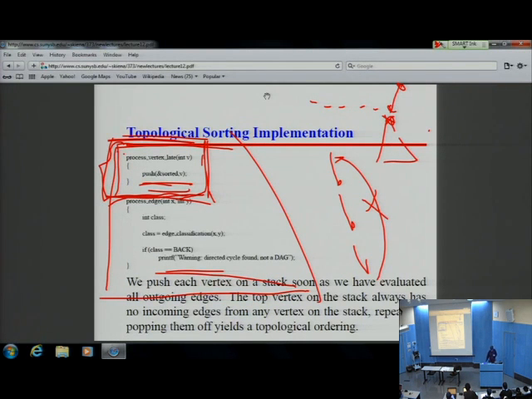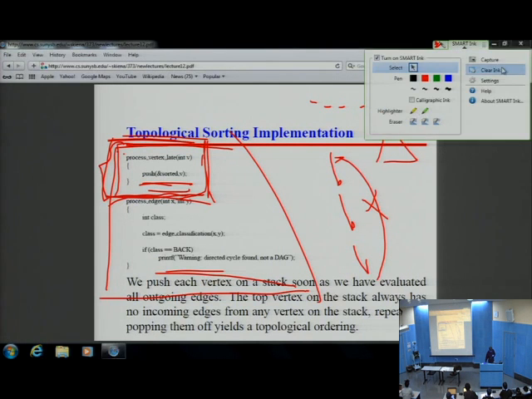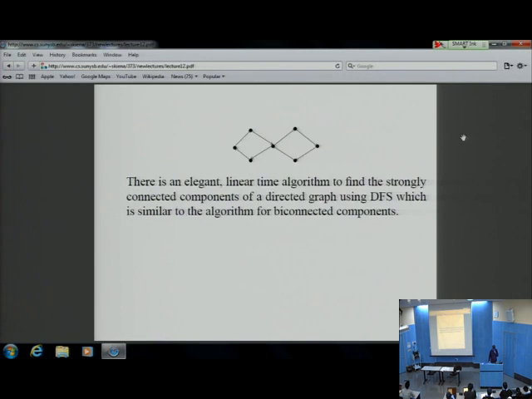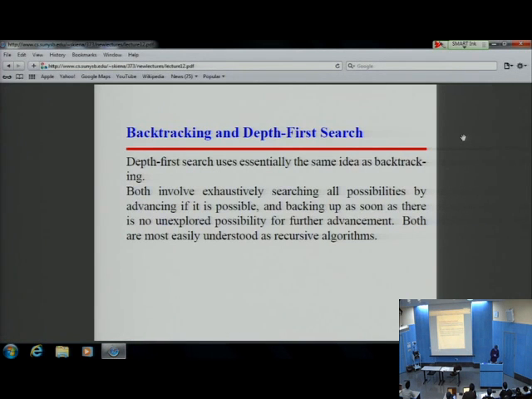Good. Okay. So what else do I want to talk about to finish up my section on depth-first search? Since we're running a little bit late, I won't talk so much about strongly connected components. I will just give you one foreshadowing of the future.